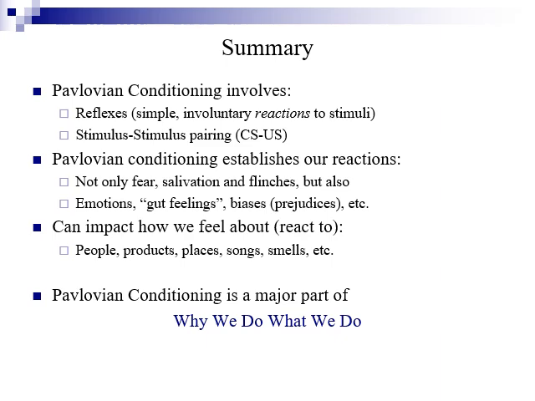So it's not only fear, but salivation and flinches, but also our emotions, our gut feelings, perhaps our biases and our prejudices too. The meaning of words, for example. And it can impact how we feel and react to people, products, places, songs, smells, all these different things.